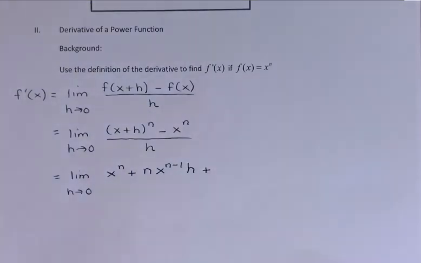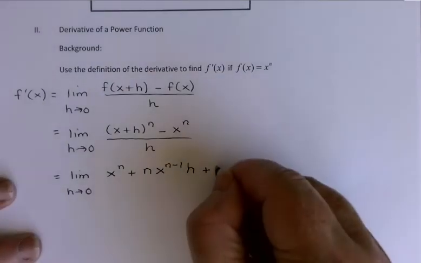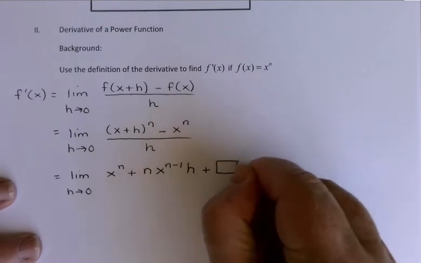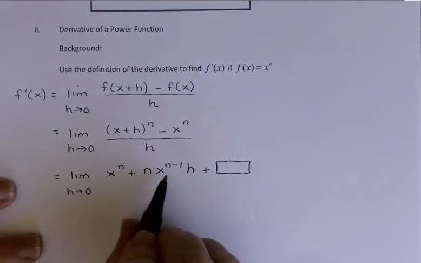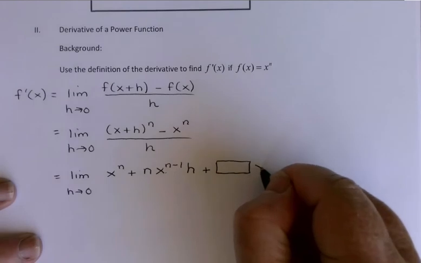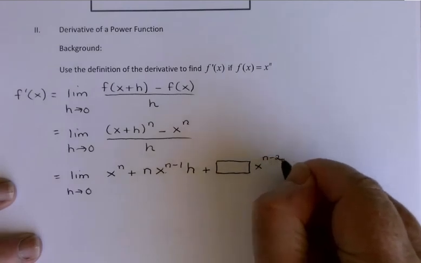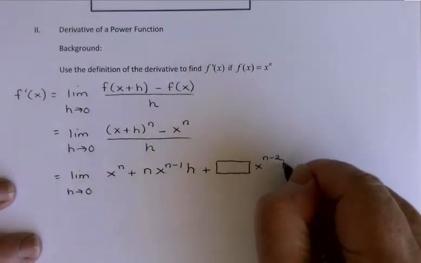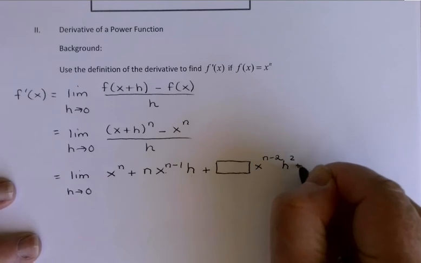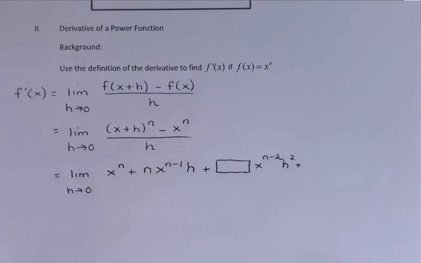We would continue on that pattern, and although using combinations it's actually possible to write down a formula for each coefficient, I'm not going to bother, and you'll see why in just a little bit. I'd have some coefficient here, and then I'd have x to the n minus 2, reducing the power on x, and h squared. Right? And that would continue. I'd have another coefficient.